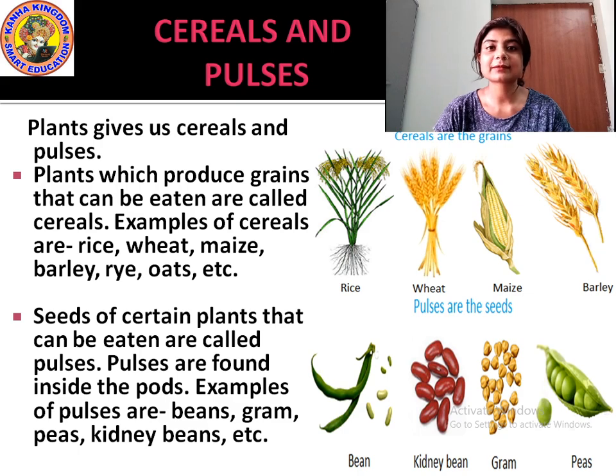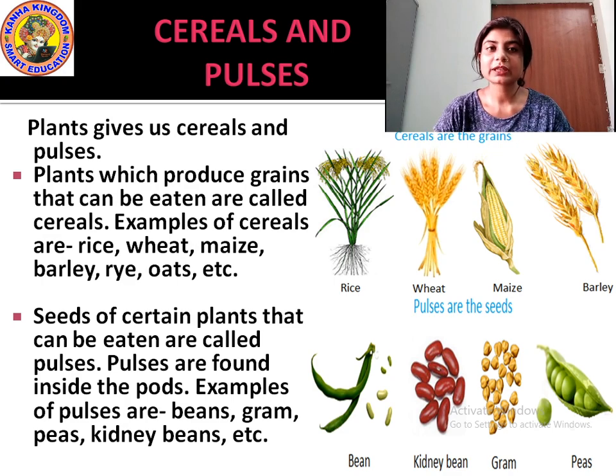The pulses. The lentils, all these things are what? These are the seeds of a plant that we eat. And what are the examples of pulses? Those are beans, gram, peas, kidney beans, etc.